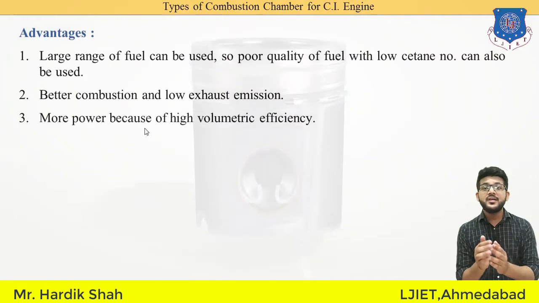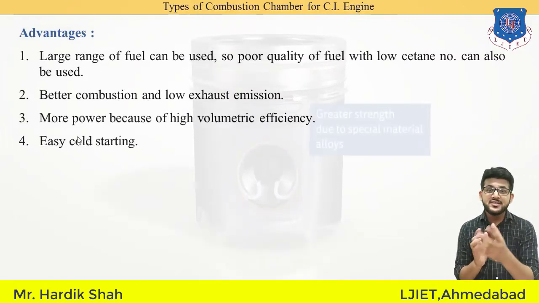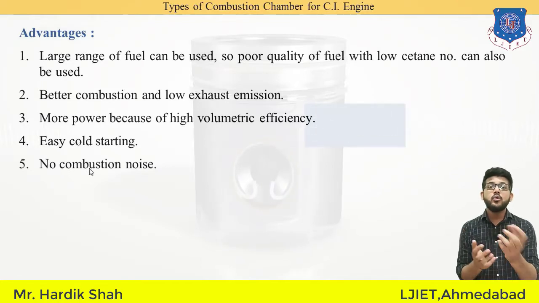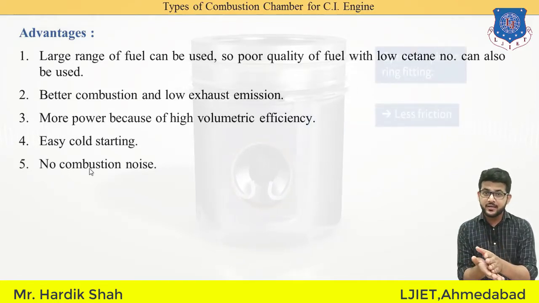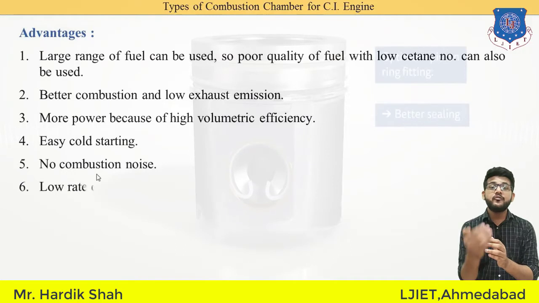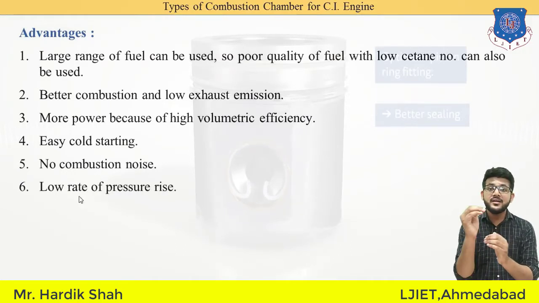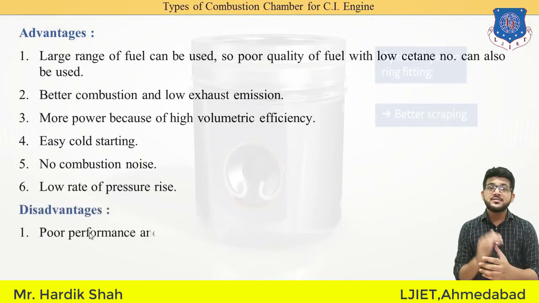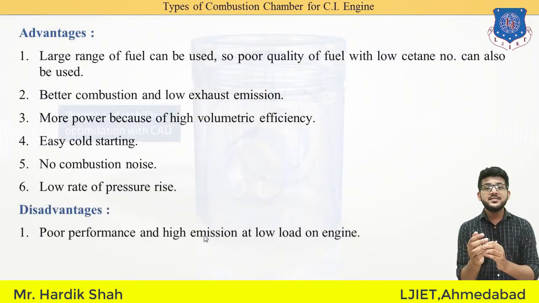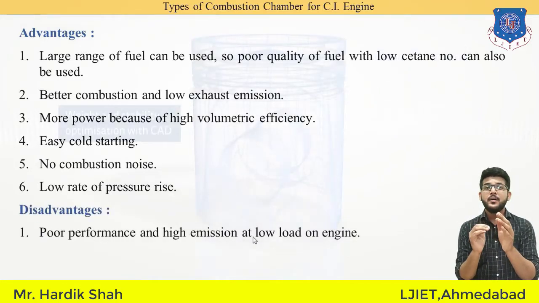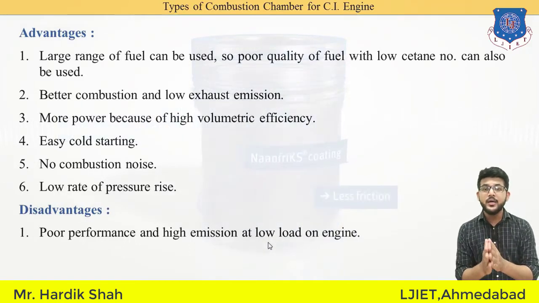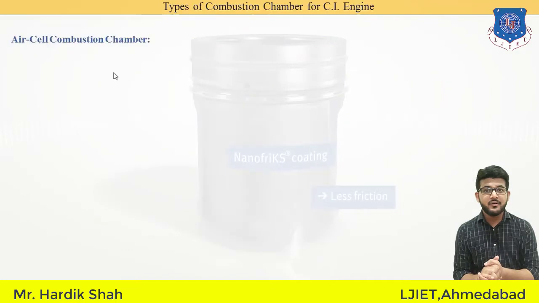Thereafter, easy cold starting, so the engine can be started without any complexes. Thereafter, no combustion noise. The noise is very less. Thereafter, low rate of pressure rise. Pressure doesn't suddenly rise and suddenly decrease. So no sudden pressure rise is there. Thereafter, disadvantages. What are the disadvantages? Poor performance and high emissions at very low loading condition. So this is the main disadvantage.